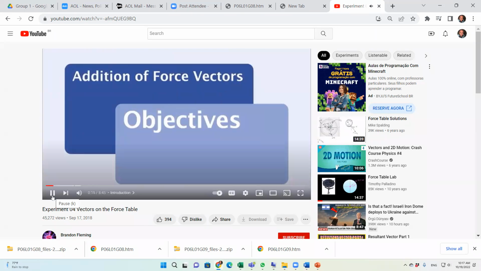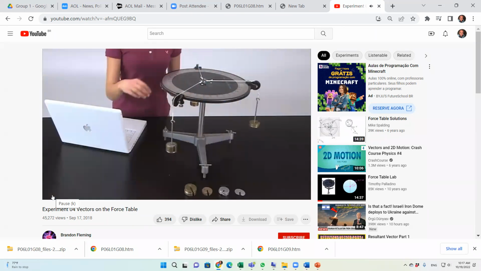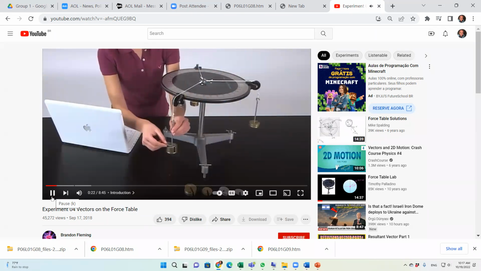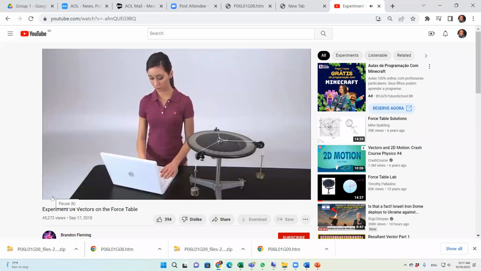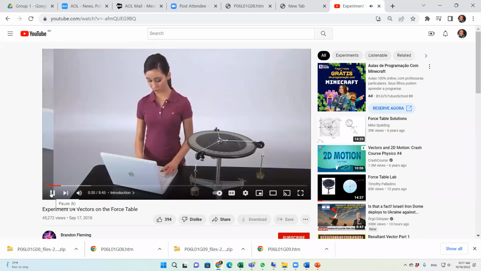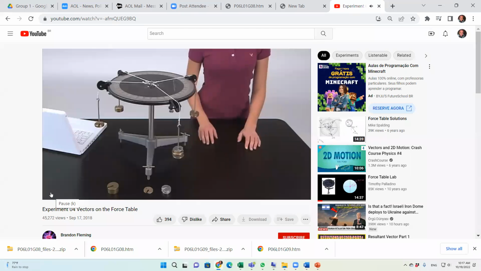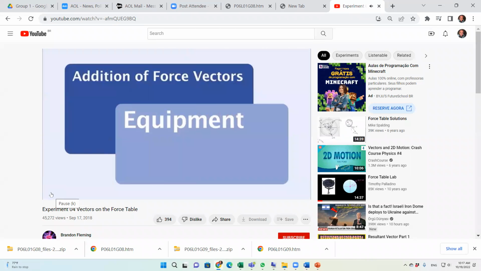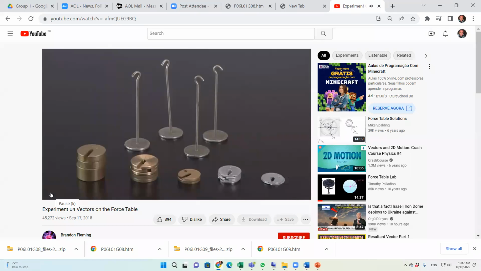The objectives for this laboratory are: use the force table to determine the vector sum of two perpendicular forces. Compare experimental values with calculated values for the magnitude and direction of a resultant force. And use the force table to demonstrate the vector addition of three forces. To conduct your experiment, you will use a force table with pulleys, a ring, strings, mass holders and slotted masses.